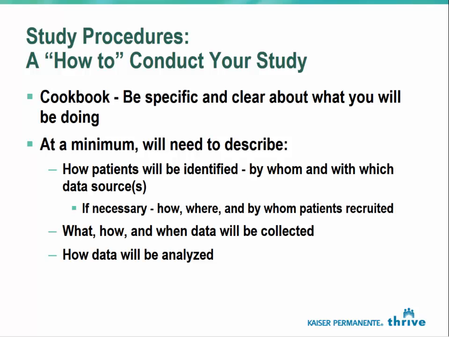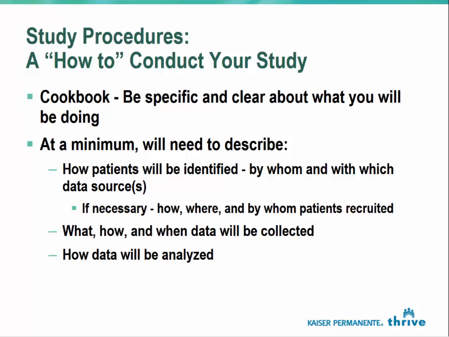So generally when I think of study procedures, it's how to conduct your study, more or less a cookbook. You can be very specific in your cookbook, clear about what you're doing. Therefore, if you're the principal investigator and you're going to be supplying this to programmers and analysts or other investigators at another site, you're pretty specific about what's going to be happening in here.